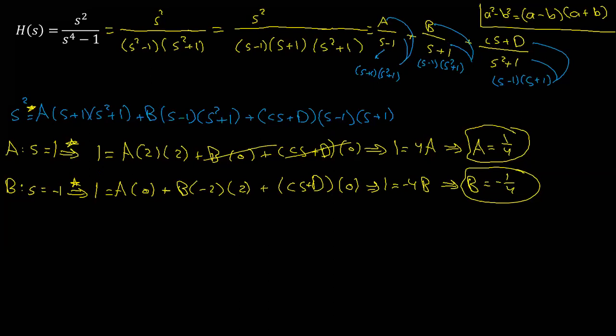Which constant from C and D do you want me to find before? Let me find D. So now you have only two unknowns, the C and D. If you choose your s to be 0, you have only one unknown, D. Am I right?